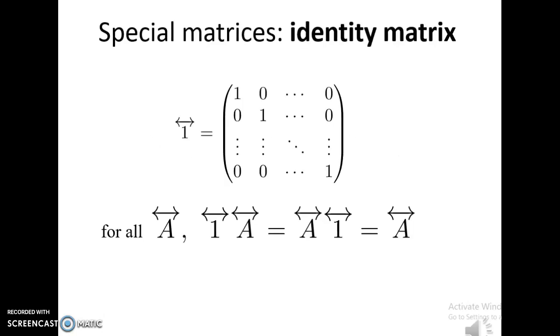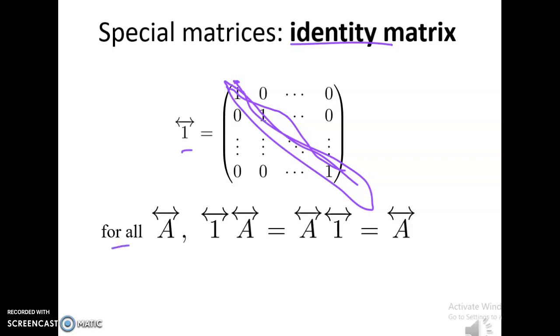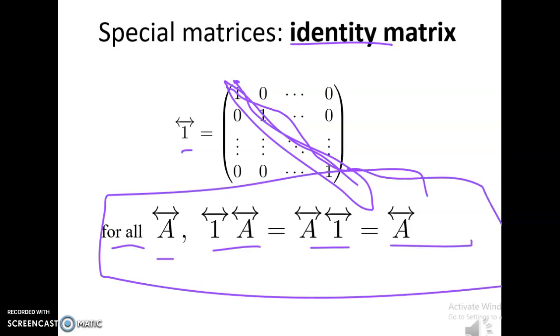So I times A equals A, and A times I equals A, the same for all A. The identity matrix leaves things the same, as if multiplied by 1. In a diagonal matrix the elements come diagonally, that's why it is called diagonal.